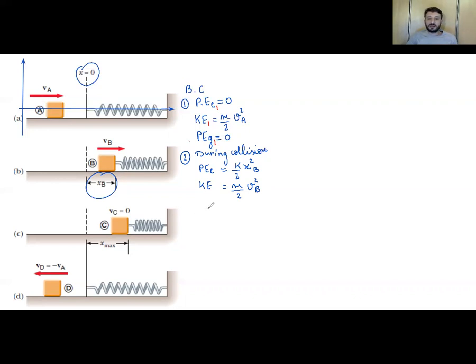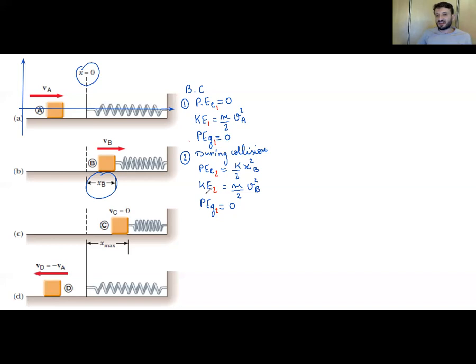About the gravitational potential energy, we don't have it because we are always on the same level, so we don't have PEG. For state 2, we have PEE2, kinetic 2, and PEG2.